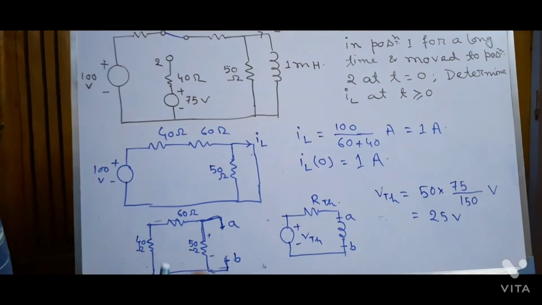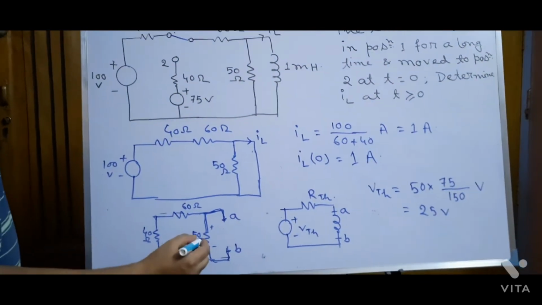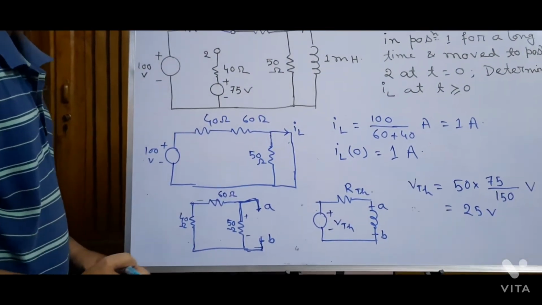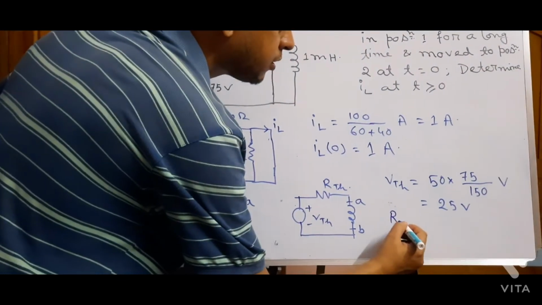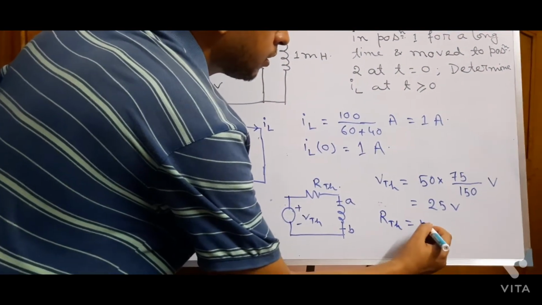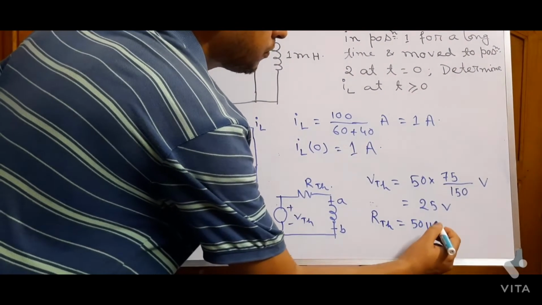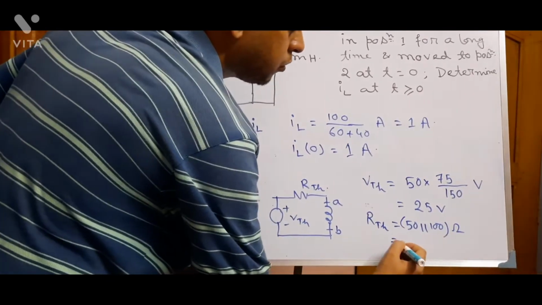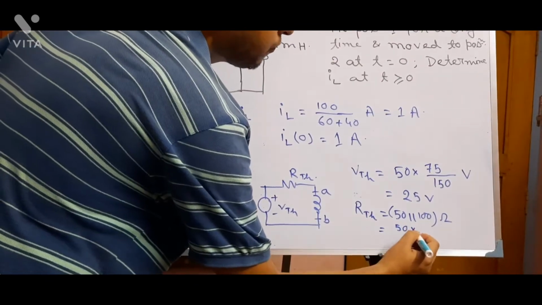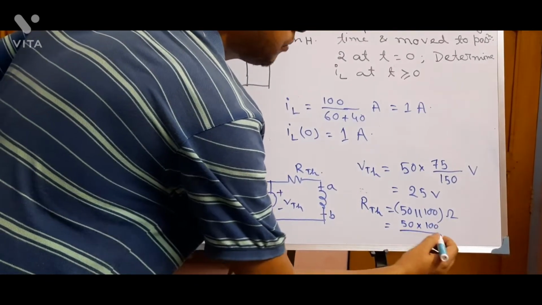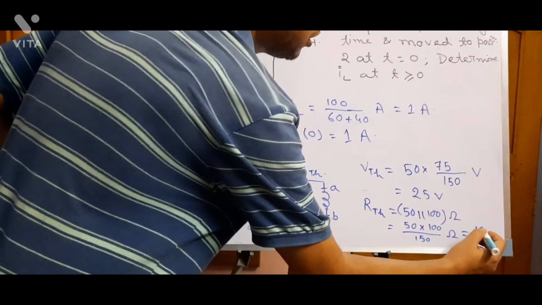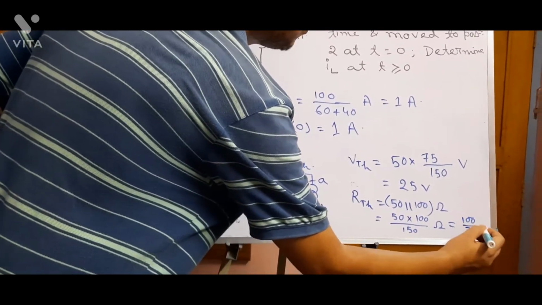So there are two parallel paths. One has 50 ohm resistance and another has 100 ohm resistance. So RTH is the parallel combination of 50 and 100 ohm, that is 50 into 100 by 150 ohm. So this is 100 by 3 ohm resistance.